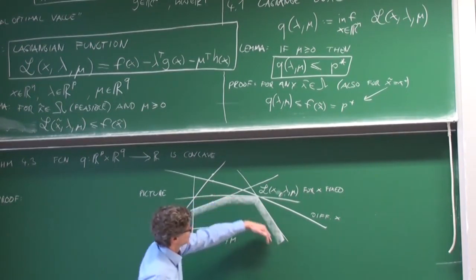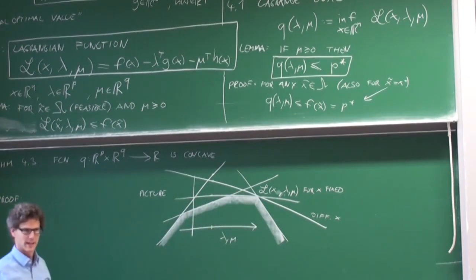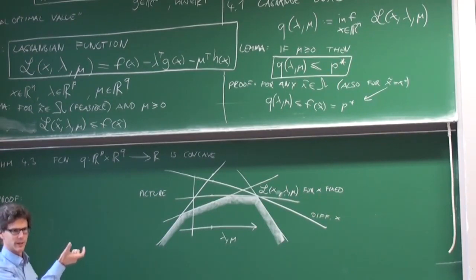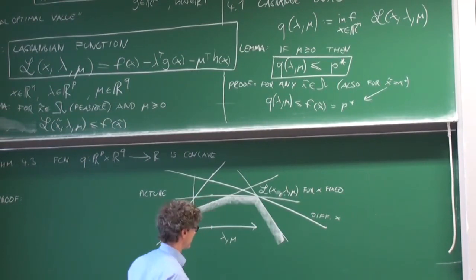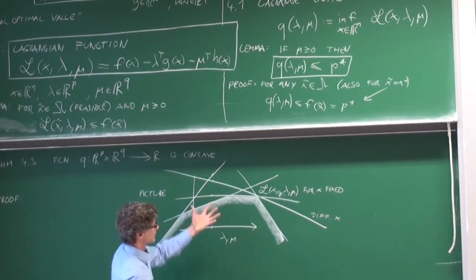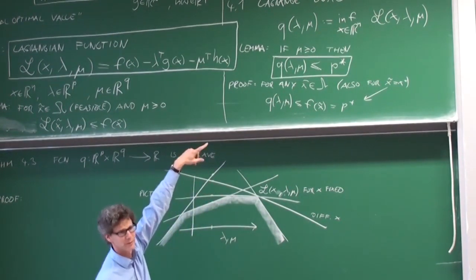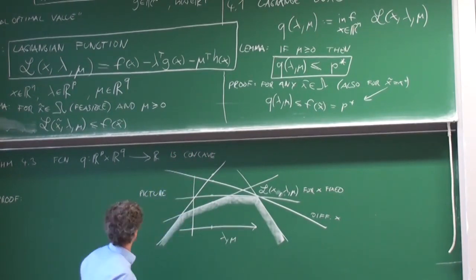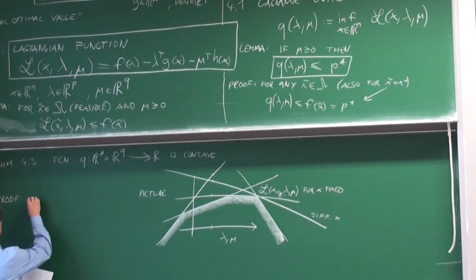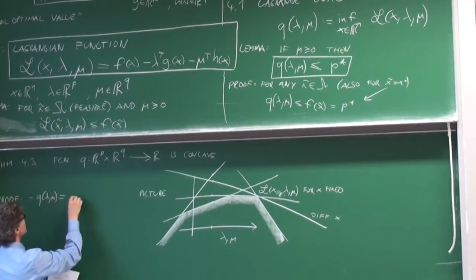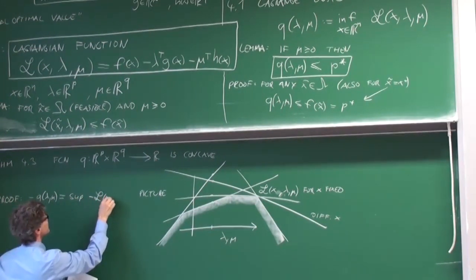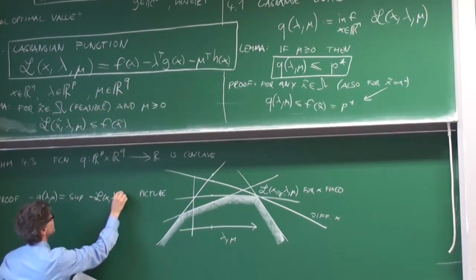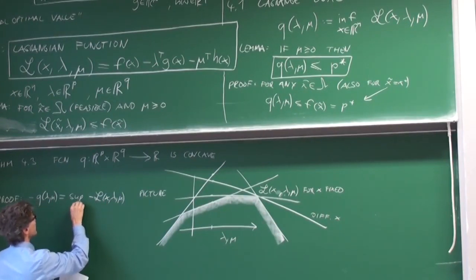And so we get actually a concave function. That's exactly the application of the supremum of convex functions being convex, but with a different sign, because here we don't take the supremum, we take the infimum. So what we see is that minus q of lambda, mu is equal to the supremum of minus L of x, lambda and mu over all x.